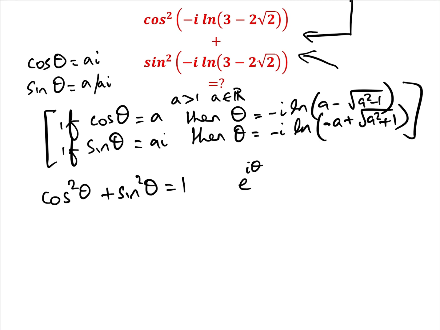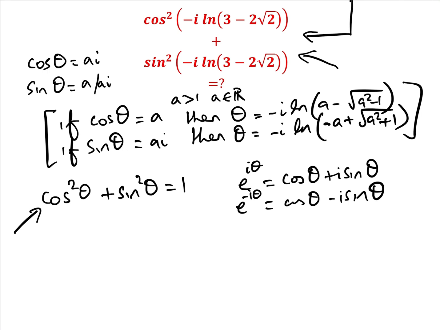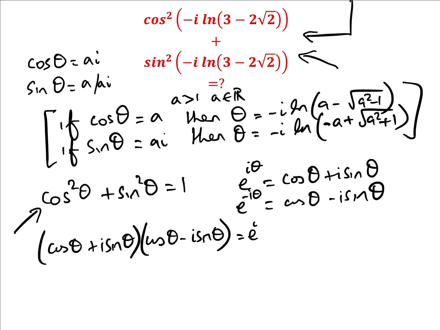Well, just reminding ourselves that e to the i theta is equal to cos theta add i sine theta, and e to the minus i theta is equal to cos theta minus i sine theta. There's at least 2 ways of proving this. The first way is we could simply go cos theta add i sine theta times cos theta minus i sine theta, which equals e to the i theta times e to the minus i theta, which by the power rules equals 1.